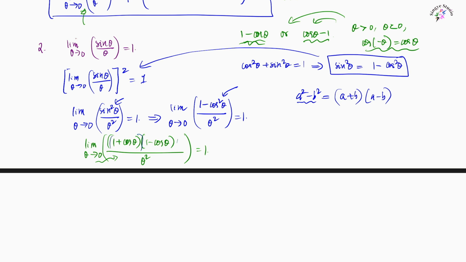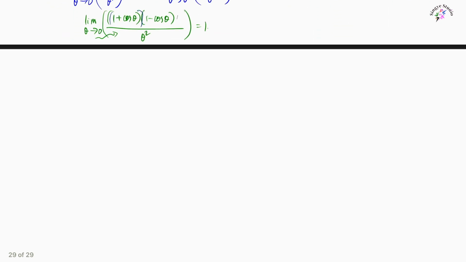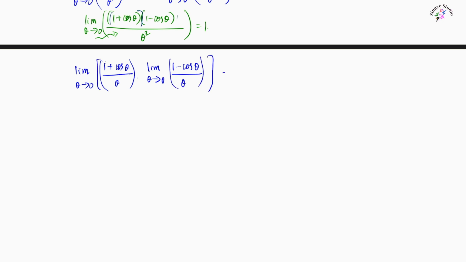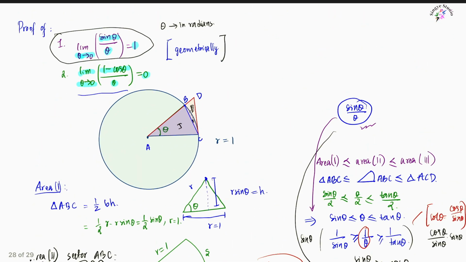By distributing the limit, now we will get the limit as theta approaches 0 of (1 plus cosine theta), times the limit as theta approaches 0 of (1 minus cosine theta) upon theta, equals 1. So now from here you might have noticed that this is exactly what we are looking for in this expression.